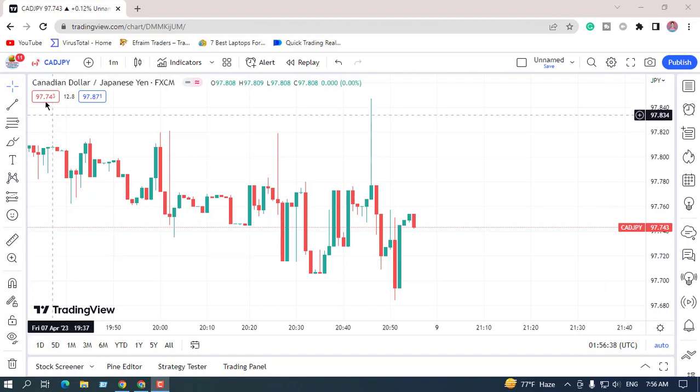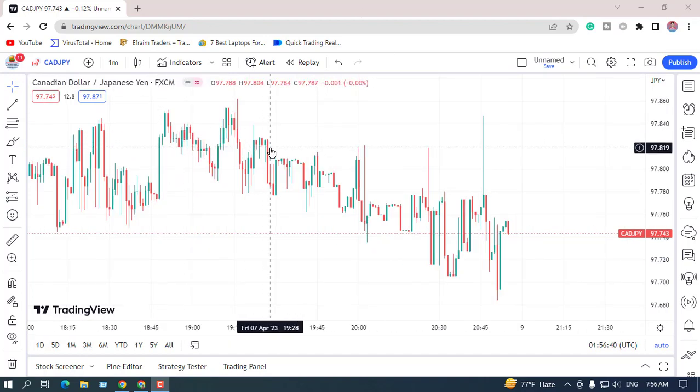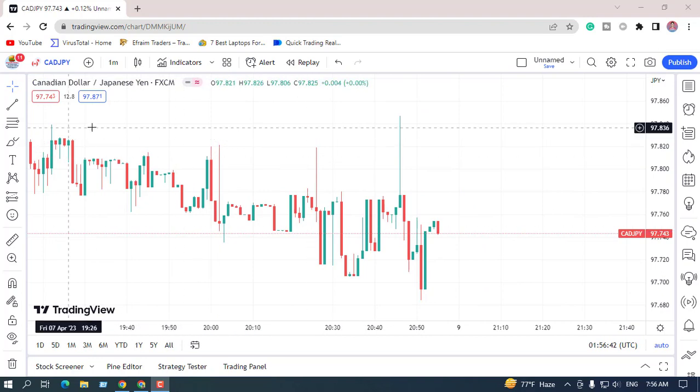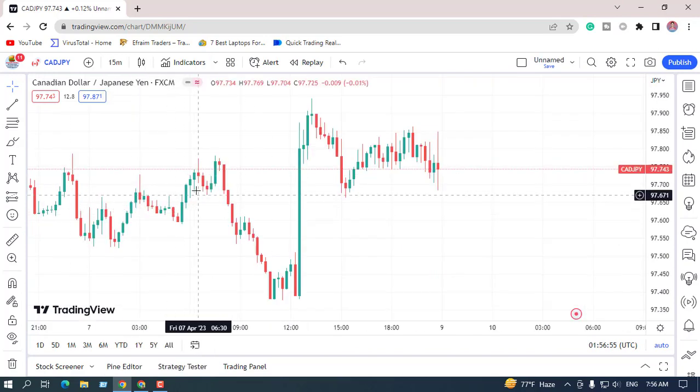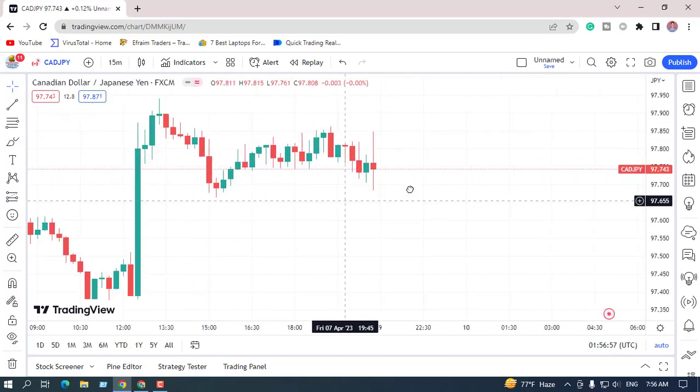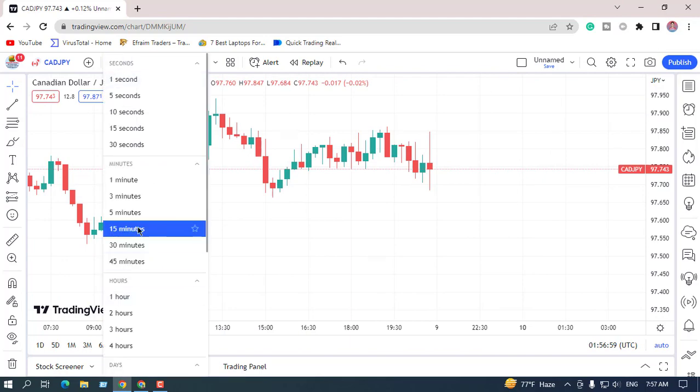Okay, first of all, you can choose your currency, and then the time frame is 15 minutes. Okay friends, please set the time frame to 15 minutes.